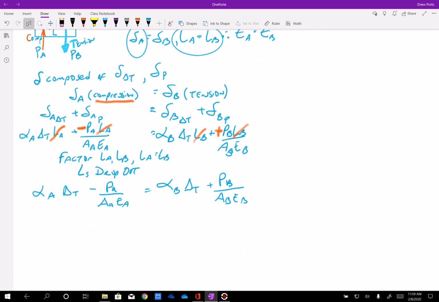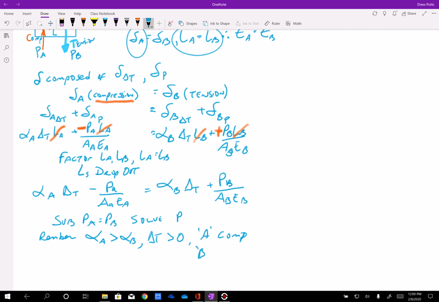So we could substitute PA equals PB and solve for P. We just have to remember that alpha A is greater than alpha B, which results in delta T is greater than 0, and that means A is in compression and B is in tension. If you get a negative value for any force P, that means those materials are opposite of what we assumed. And again, these are our assumptions.